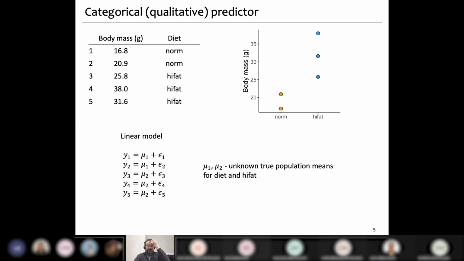We start with these 5 equations. In each equation, we say that the response is the sum of a mean, mu1 or mu2, plus a noise term, where mu1 and mu2 are true unknown means of populations with normal diet and high-fat diet.